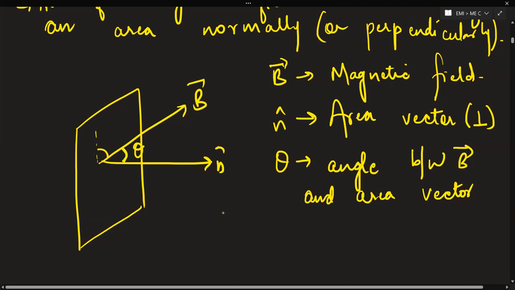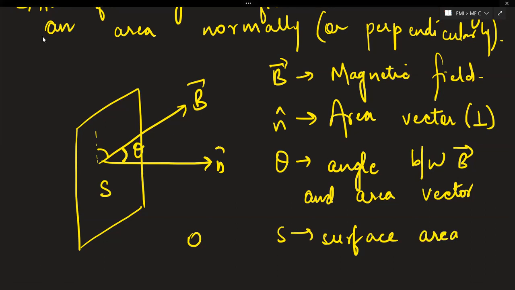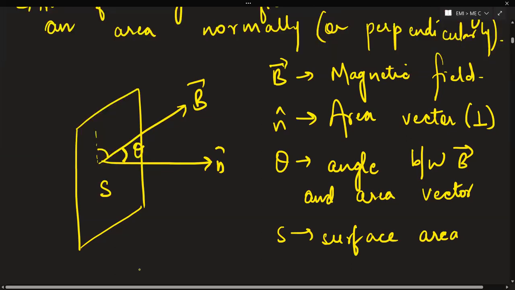Now, how to get the magnetic flux? Let's say S is the surface area. Magnetic flux is very easy.